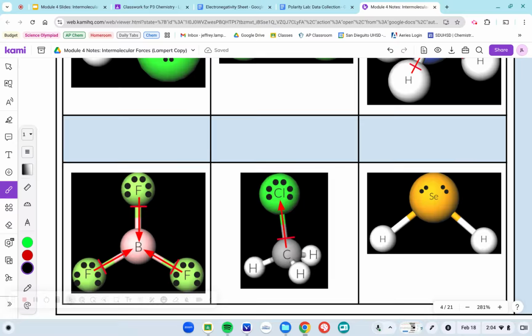Think about what we just looked at. Our stuff comes up here. Is there anything going in the opposite direction? There isn't. Is this polar or not? It is polar. That one is polar.